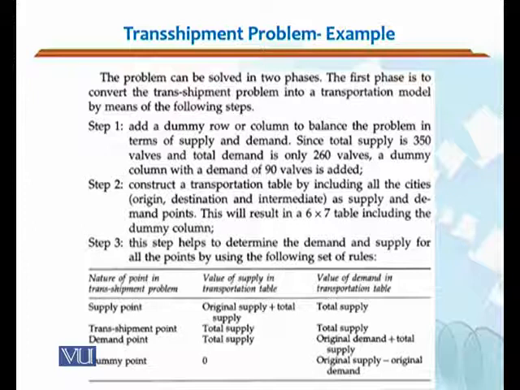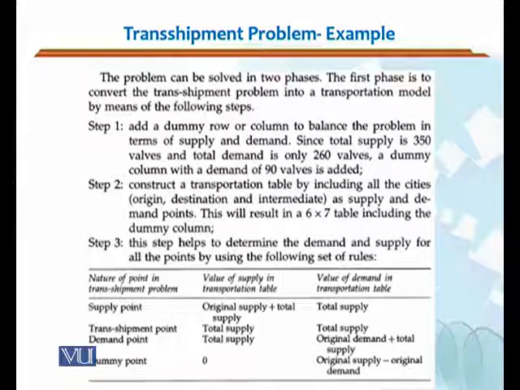Now we can solve this problem in two phases. The first phase is to convert this transshipment problem into a transportation model by means of the following three steps. First, add a dummy row or column to balance the problem in terms of supply and demand.